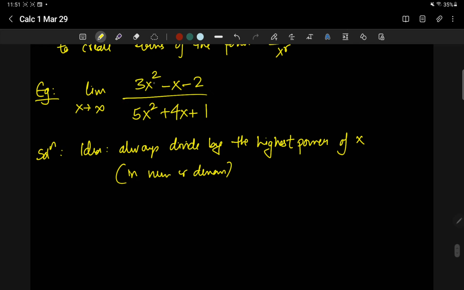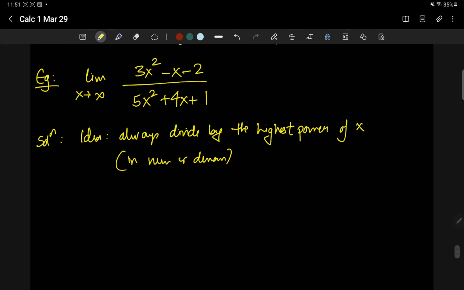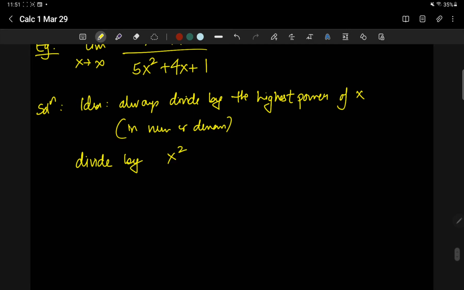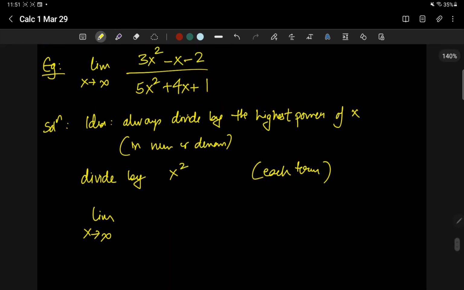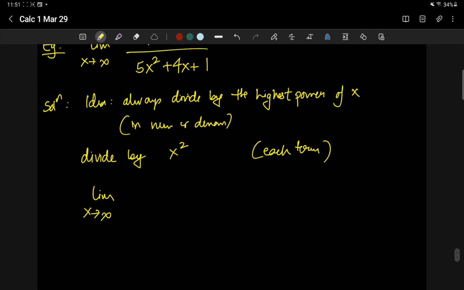In this case, both numerator and denominator have x squared. So here I divide by x squared because that is the highest power. Now when you divide by x squared, you're dividing each term, in order to keep it balanced, so that you're not changing the function. You have to make sure you divide each term.